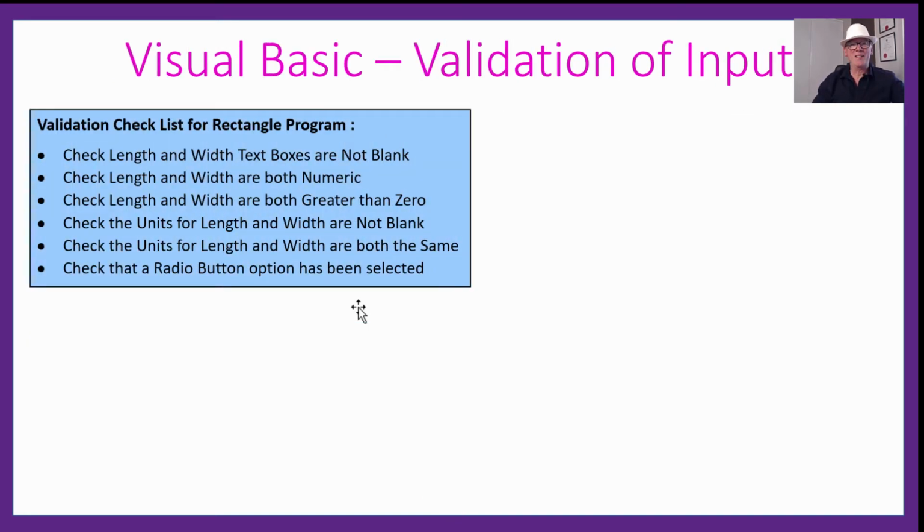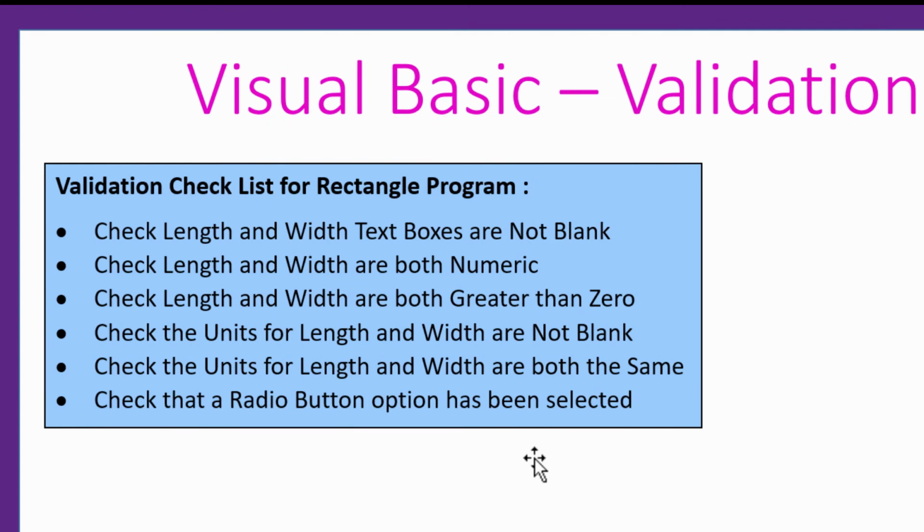Now for our program, this is our checklist for that rectangle area and perimeter program. So we need to check that the length and width boxes are not blank, and check they're numeric. If they've passed those first two checks, make sure they're not negative numbers or 0, because you can't have a 0 length or width. So they've got to be greater than 0.